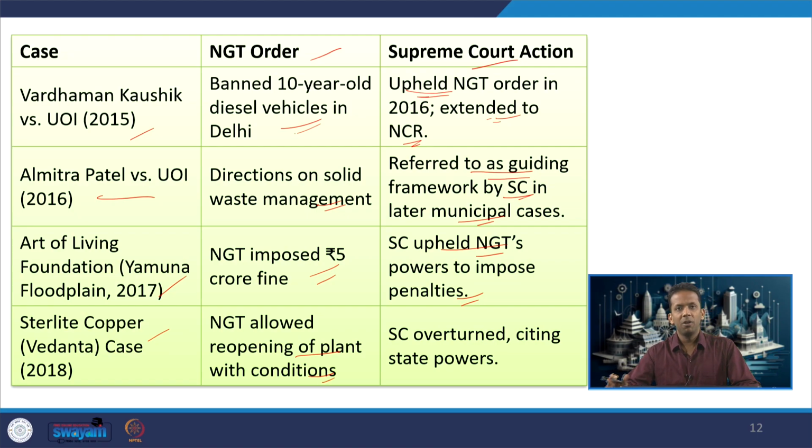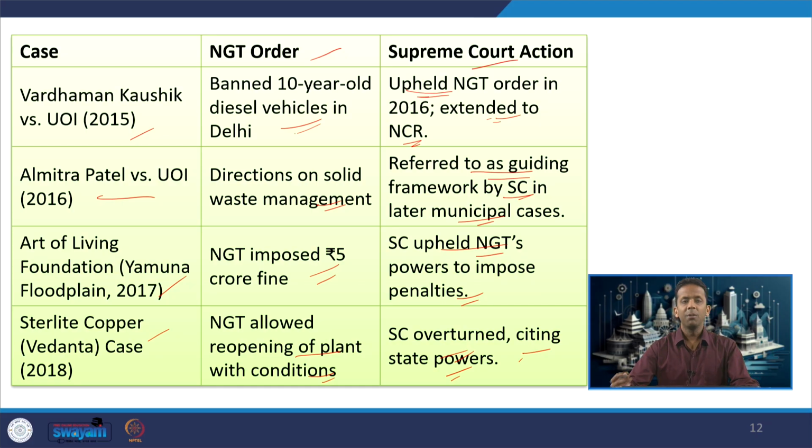The Sterlite Copper plant was stopped for some reason and NGT allowed it to reopen, but when the case went to the Supreme Court, it overturned the decision of NGT, citing the state's power. When the state government approached the Supreme Court against NGT's order of reopening the plant, the Supreme Court overturned NGT's order and said that the state is within its power to request closing or not opening that plant, and the decision of NGT was overturned by the Supreme Court.